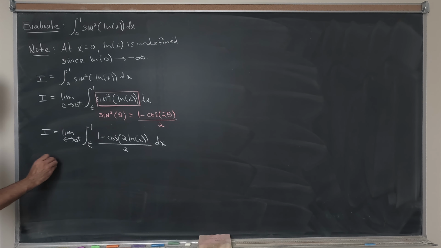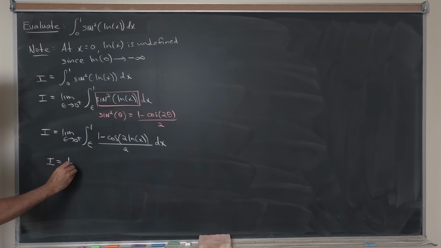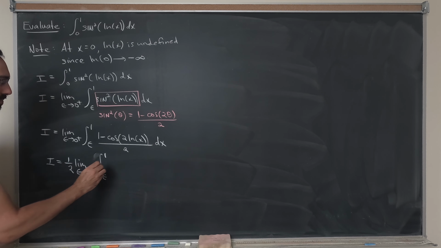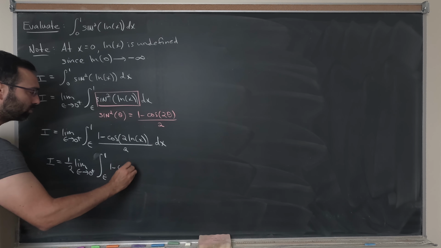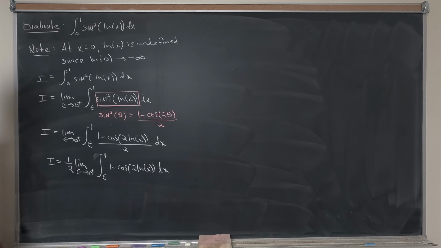Now we can pull out that factor of a half in the integrand. So we'll swing it out in front of our limit, leaving us with the integral from epsilon to 1 of 1 minus cos of 2 ln of x dx.